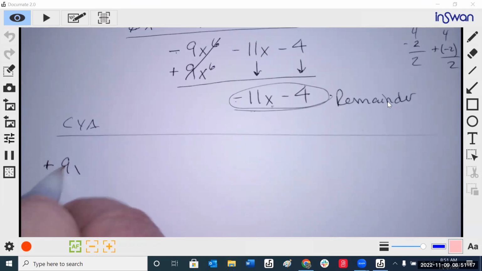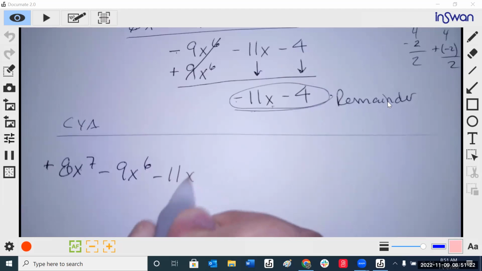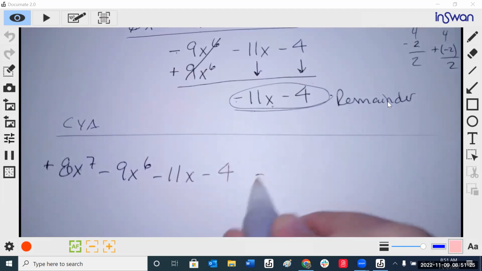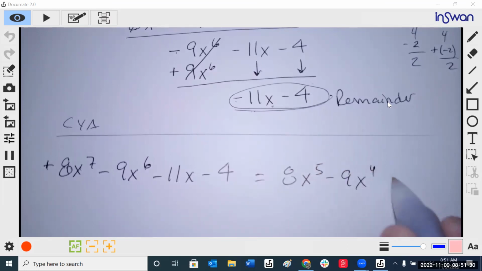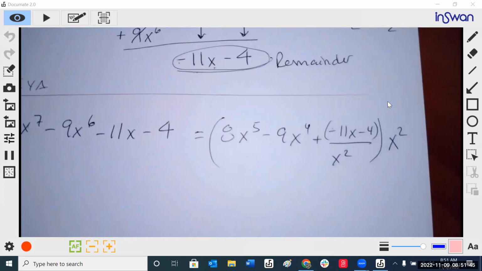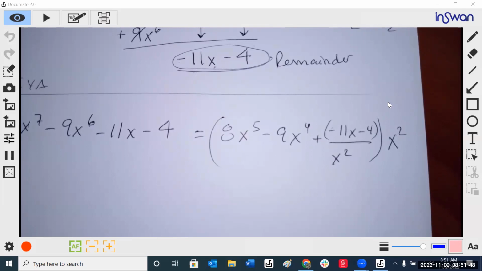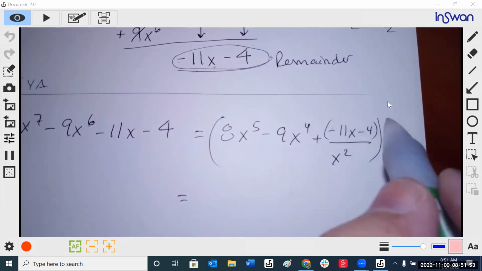Let me make it positive 8x to the 7th minus 9x to the 6th minus 11x minus 4 equals 8x to the 5th minus 9x to the 4th plus negative 11x minus 4 over x squared, all that times the denominator, x squared.